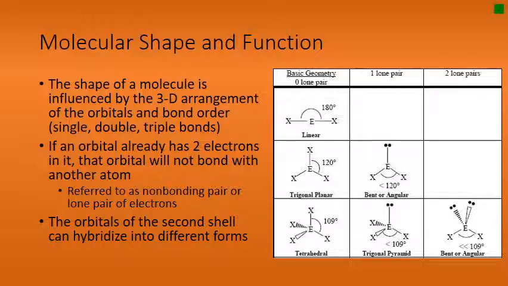If a central atom is bonded to 2 other atoms, and yet also has a non-bonding pair, the shape that results is a bent or an angular shape.